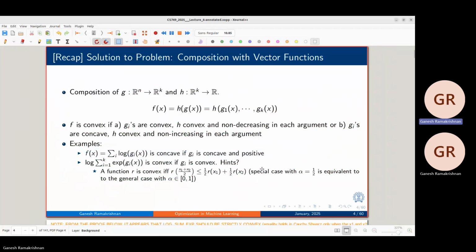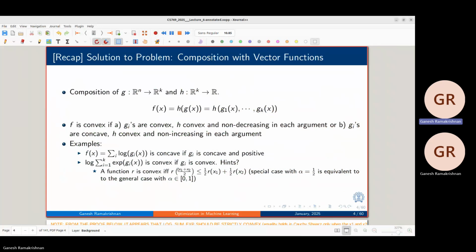And then we took some examples. Specifically, the example of log sum exp being convex. I said this will require a special case of convexity, which is called midpoint convexity.